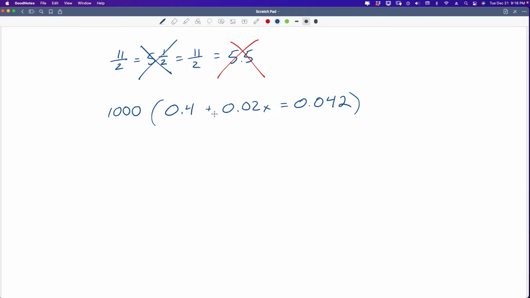So 1, 2, 3 would be 400 plus 20x, 1, 2, 3 equals 42. That would be how you would solve that problem. The whole point of the decimal is to teach you how to get rid of the decimal. That's why we give you those problems. All right, we don't like decimals. We don't like mixed numbers.